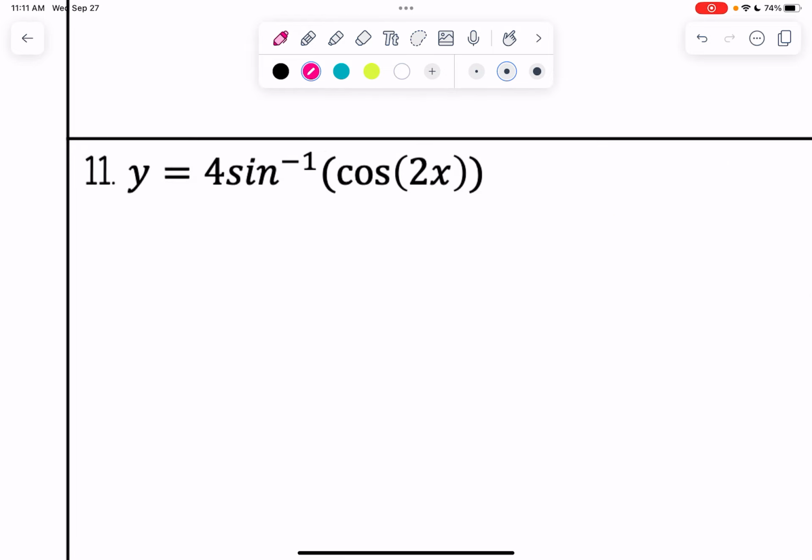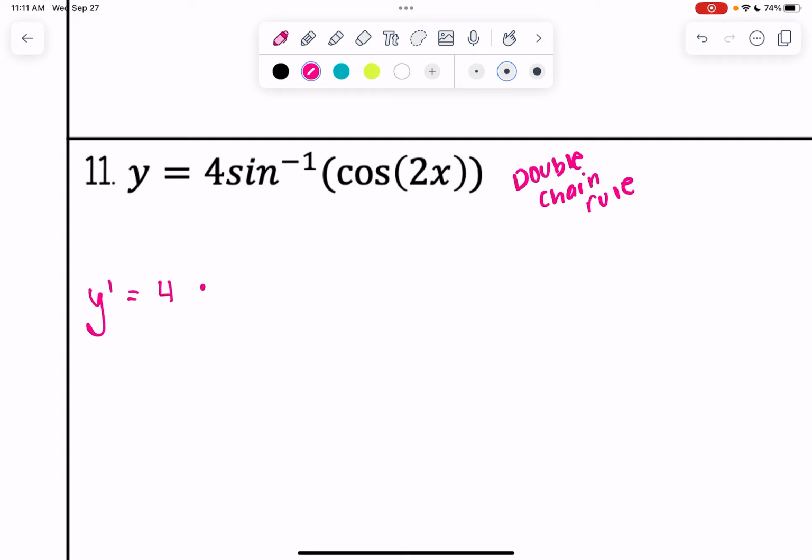Number 11. This one definitely looks more challenging. I noticed there are 2 sets of parentheses. So this is going to be an example using double chain rule applications. Okay, so let's try and go slow and keep track of our work. The derivative, we're going to bring down the coefficient of 4.